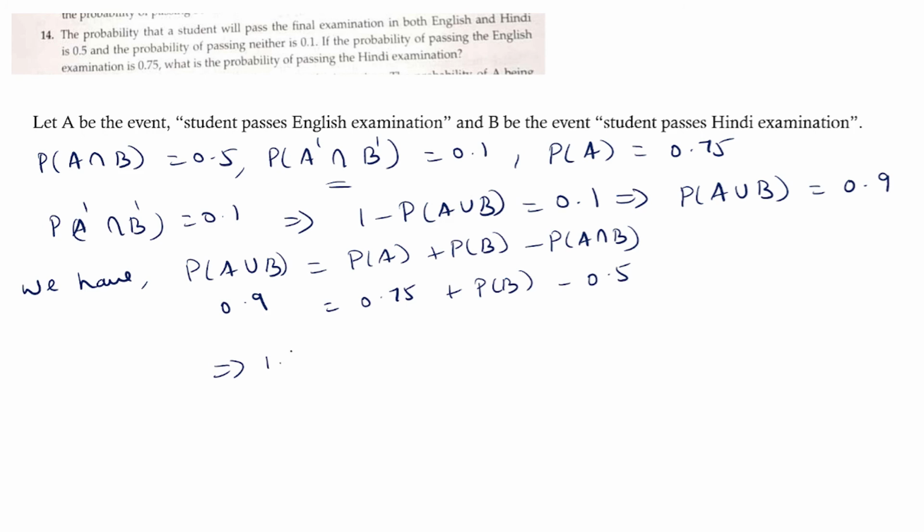So this implies 1.4 minus 0.75 is equal to P of B. Therefore, P of B is equal to 0.65. So the probability of passing the Hindi examination is 0.65.